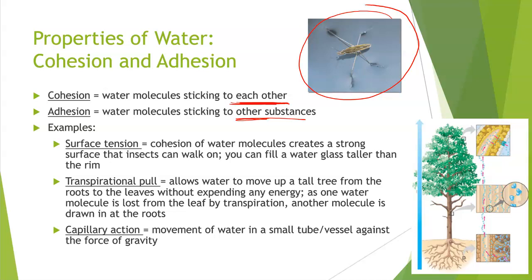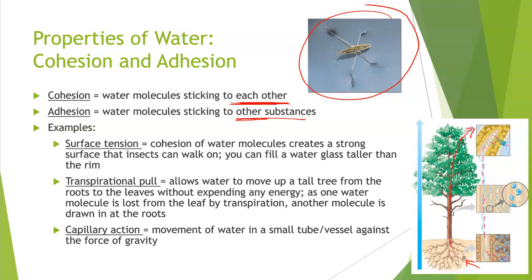Another thing in nature that is derived from the properties of cohesion and adhesion is something called transpirational pull. This is how water goes into the roots and travels all the way up and evaporates out eventually out of the leaves. This is how water travels upward inside plants, and it is because of the properties of cohesion and adhesion.